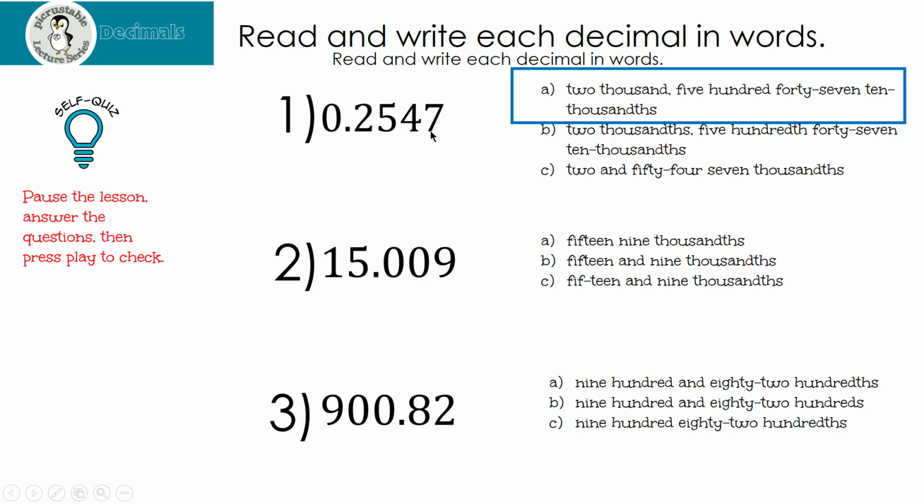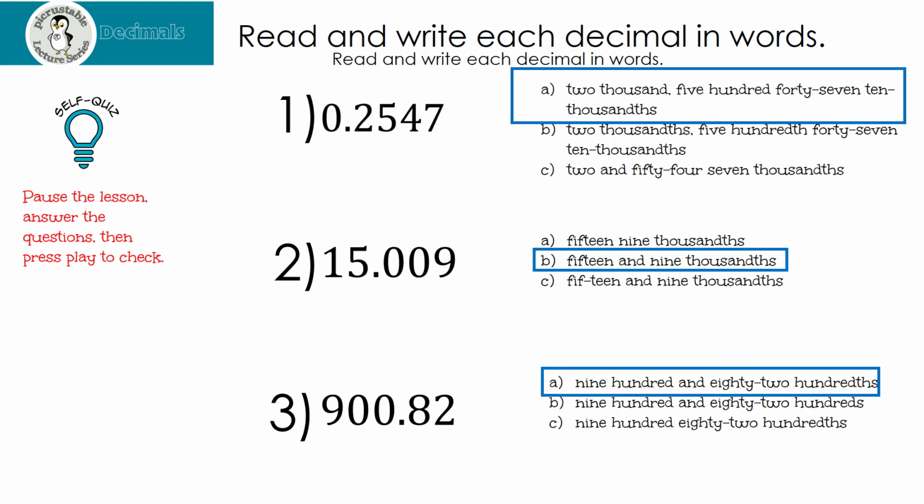I looked to the last number, and this is in the 10,000ths place, so that's how I know it's 10,000ths. What'd you get for number 2? Did you get B? Yeah, 15 and 9 thousandths. What about the last one? Did you get A again? Yup, 982 hundredths. Great.